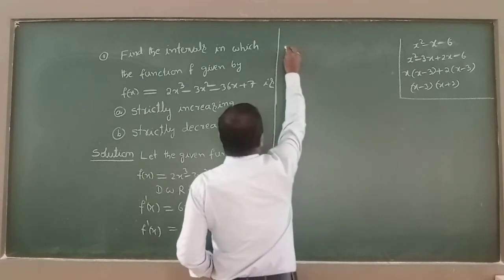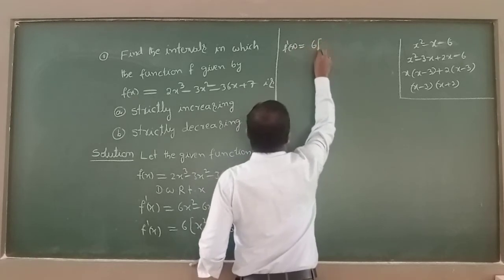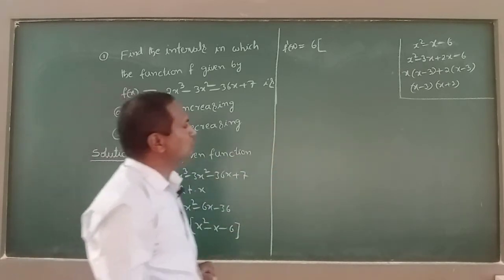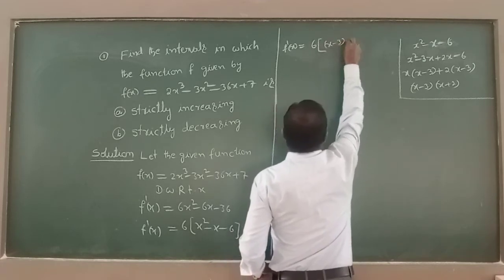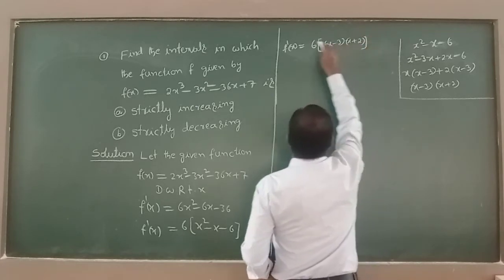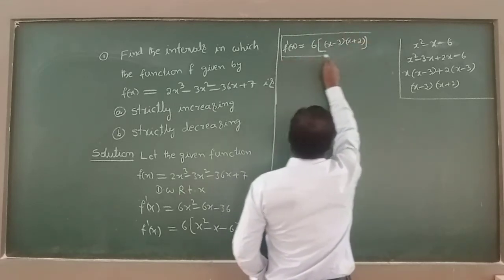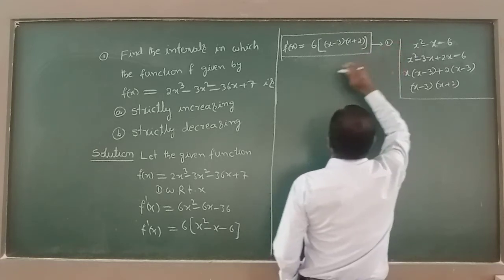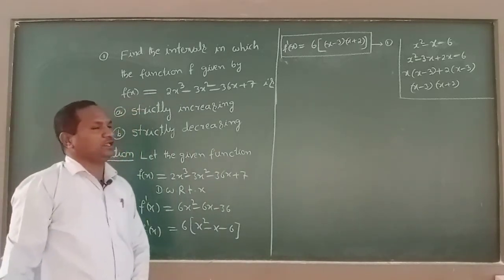So here f dash of x is equal to 6 into, and for the bracket part we write the product of two polynomials: x minus 3 into x plus 2. Consider it is equation number 1: f dash of x equal to 6 into x minus 3 into x plus 2.